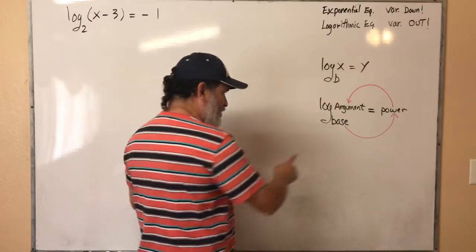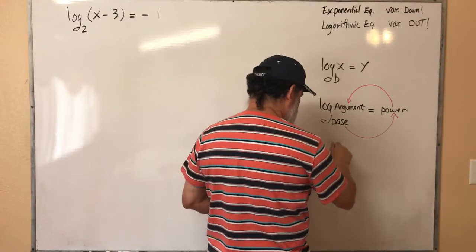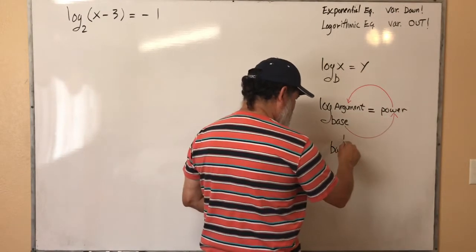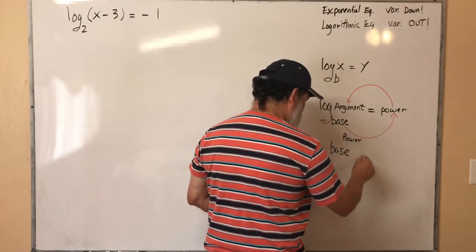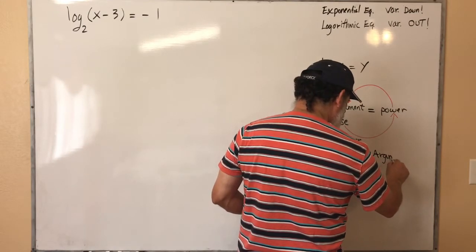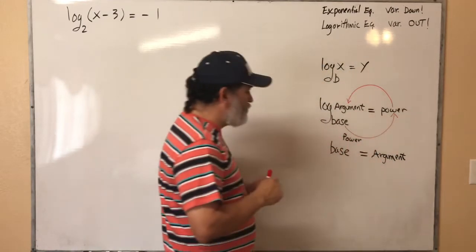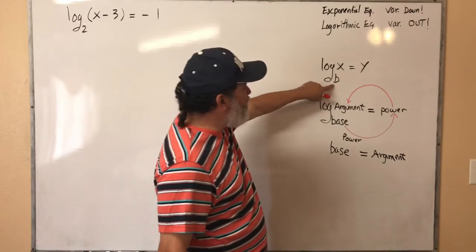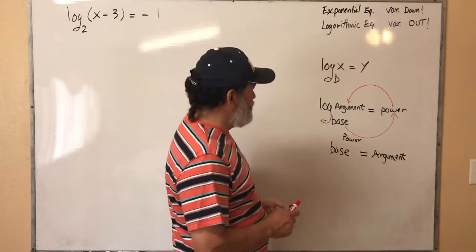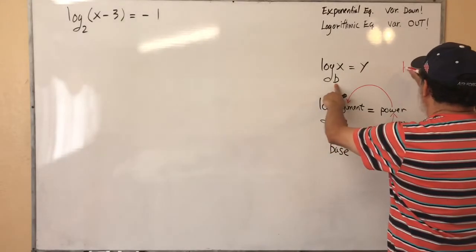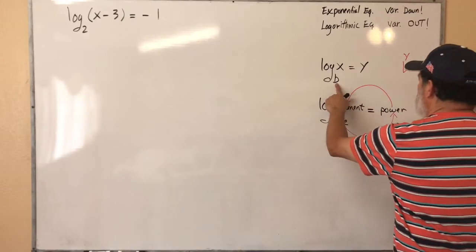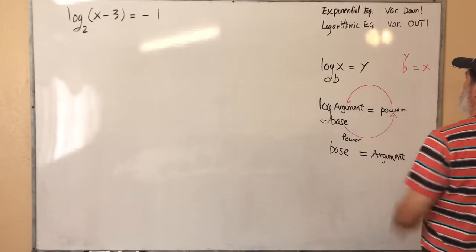So b to the y equals x. Base b to the power y gives you x.